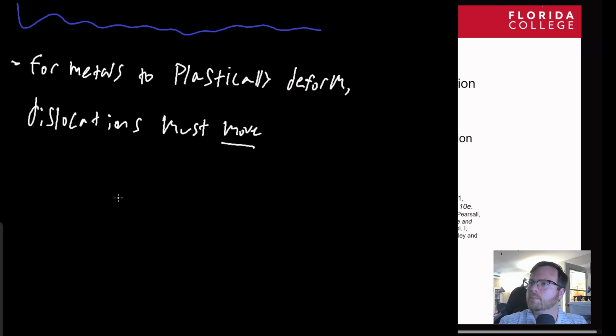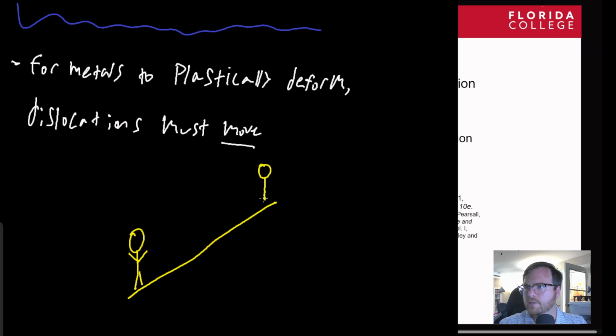And the way we can think about this is we have two people on a seesaw. Let's just imagine that for a minute. We got person A, and then we go through the seesaw, and we have person B up here. Okay. Me and my stick figure drawing prowess here.